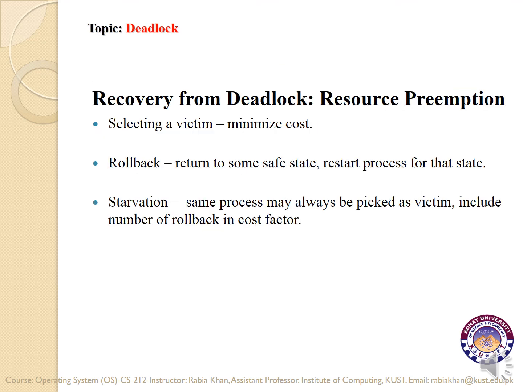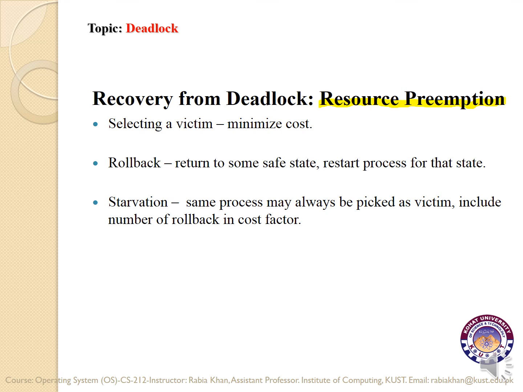The next deadlock recovery mechanism or scheme is resource preemption. The first one was process termination, which we discussed in the previous slide. Now it is resource preemption. The operating system has to recover from the deadlock, and for that it has to terminate one or a few processes.